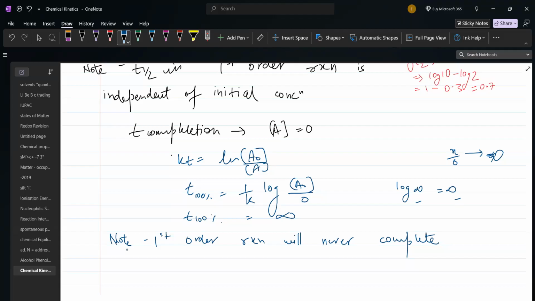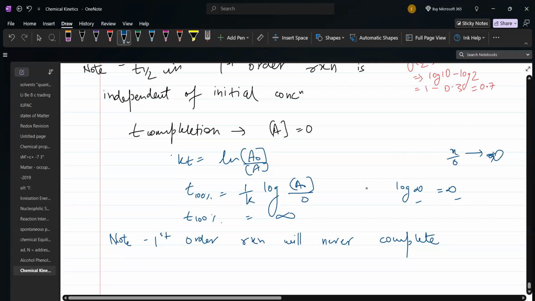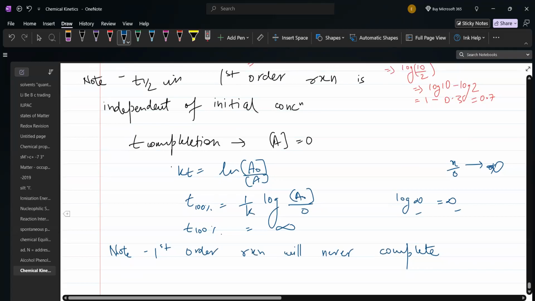Theoretically they will never complete. However, practically, we study macro things only, things we can measure and observe. So they become unobservable. Theoretically they will never complete, but practically they are complete. Okay, understood, sir. So please note it down.